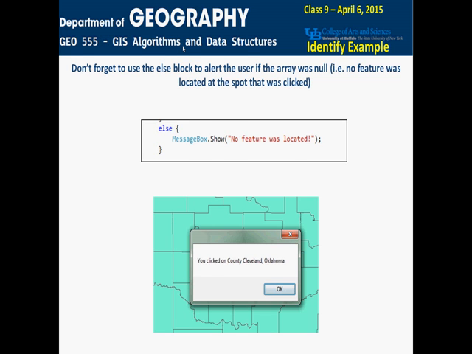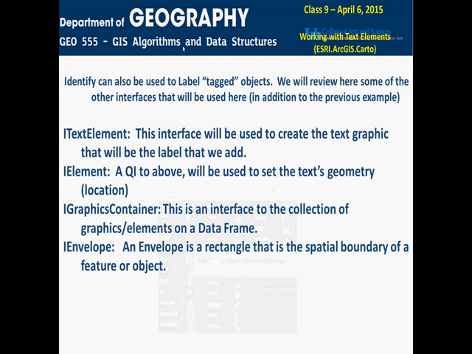Identify can also be used to label tagged objects. And in some of this discussion, we'll review some of the interfaces that we talked about last week. Remember we talked about elements last week.